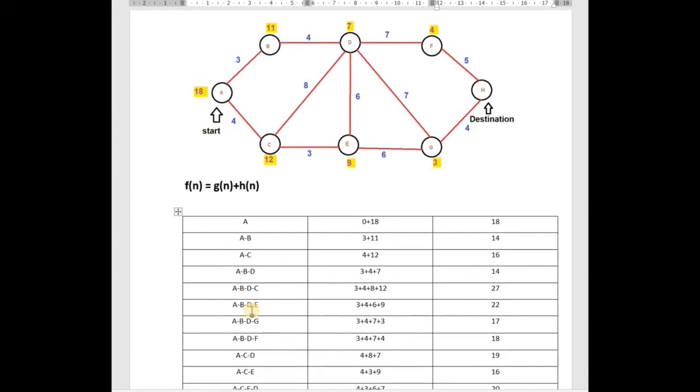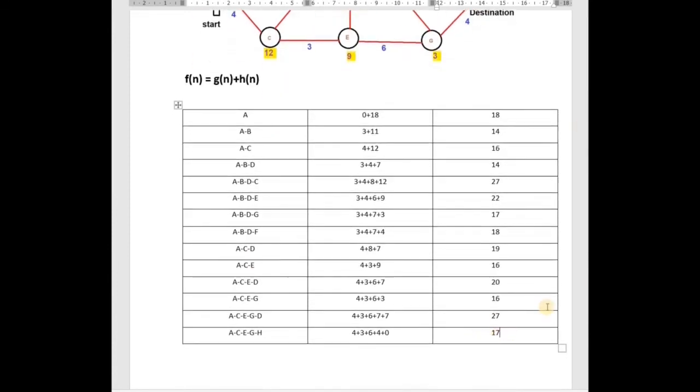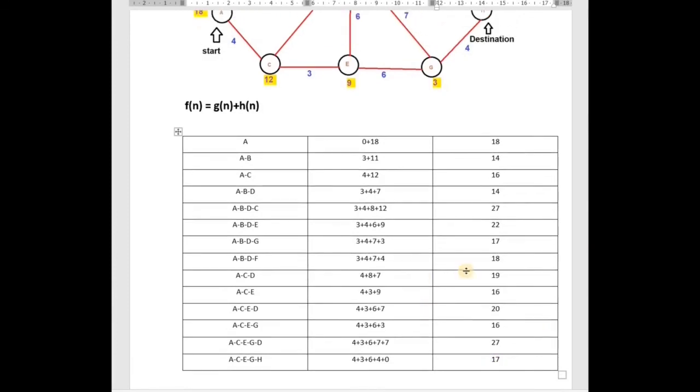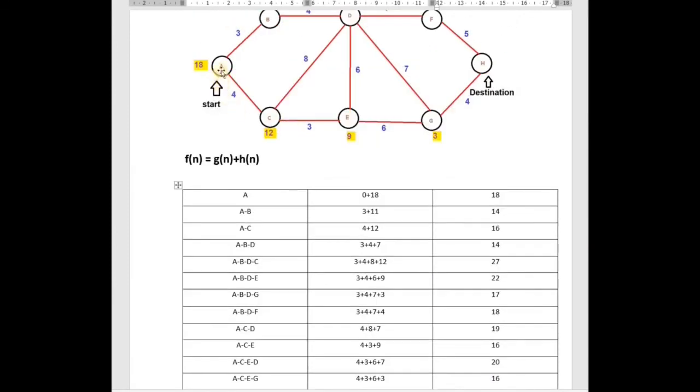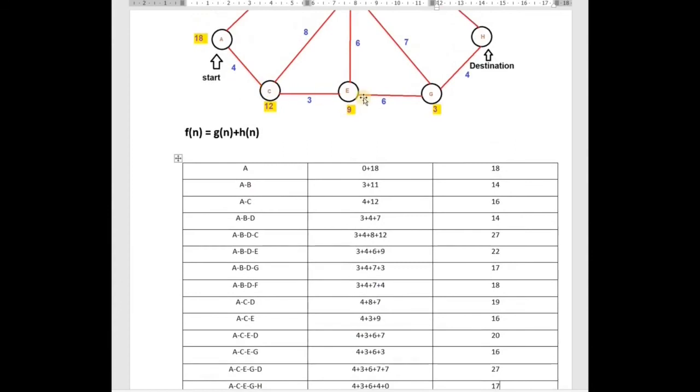And if you follow this path, A, B, D, G to H, it is 7 plus 7, that is 14, then plus 4. So that is 18, which is also higher than 17. So you can assume that the shortest path from the start point A to the destination point H is A, C, E, G, H.